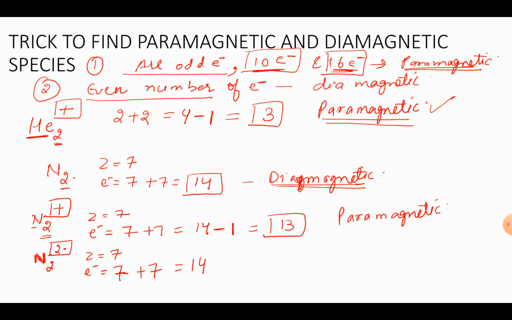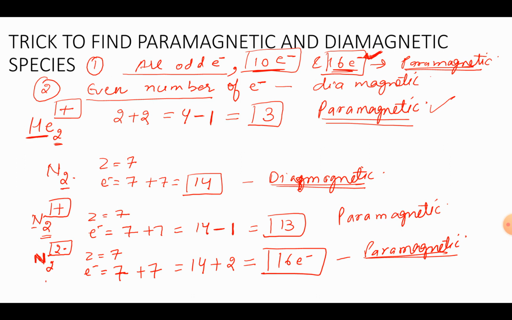Do not miss this 2 negative. It means 2 electrons have been gained, and since 2 electrons have been gained, the total number of electrons becomes 16. And it is that exceptional case. Remember, 16. Now it is paramagnetic in nature. So this is paramagnetic in behavior.